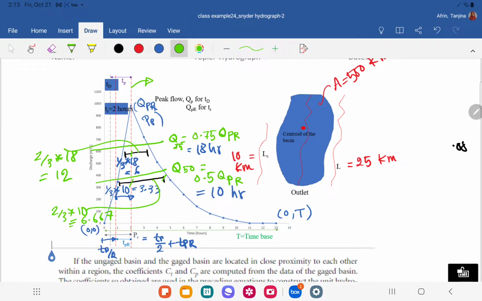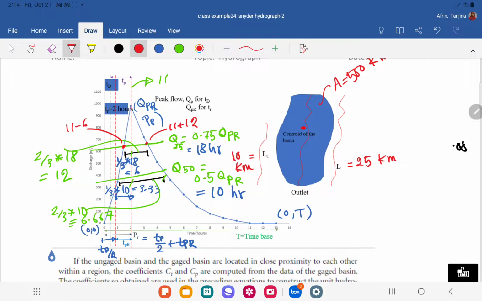Okay, so if you look at that, this one is 12, this one is 6, and if I remember the peak, it was actually 11. That means 11 minus 6 will be this point, and this point will be 11 plus 12, right?